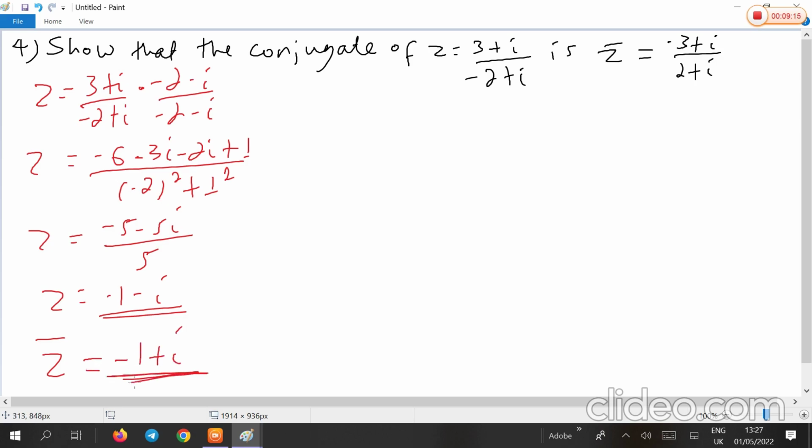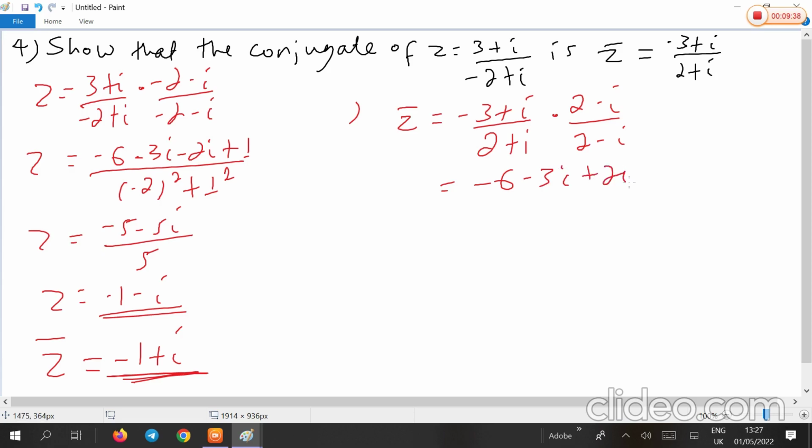Second, the conjugate of z: (minus 3 plus i) over (2 plus i) times the conjugate of the denominator, 2 minus i over 2 minus i. Then minus 3 times 2 is minus 6, minus 3 times minus i is plus 3i, i times 2 is 2i, and i times minus i is plus 1, over 2 square plus 1 square.